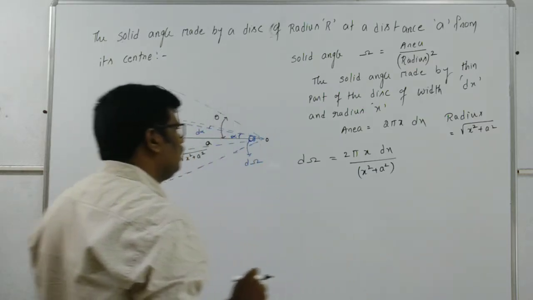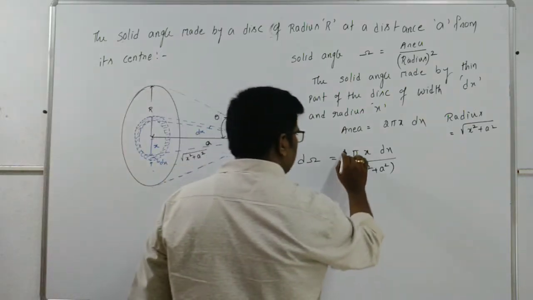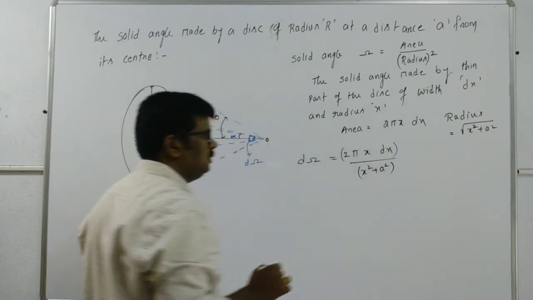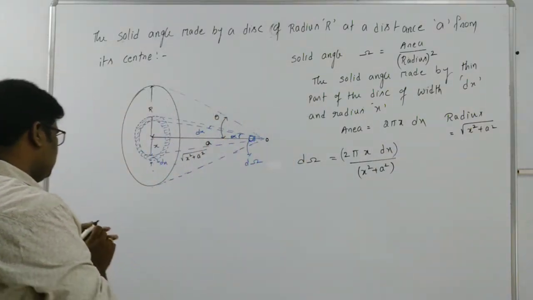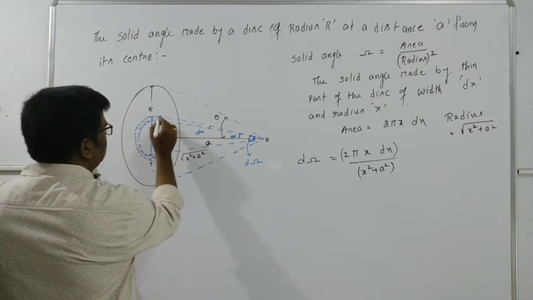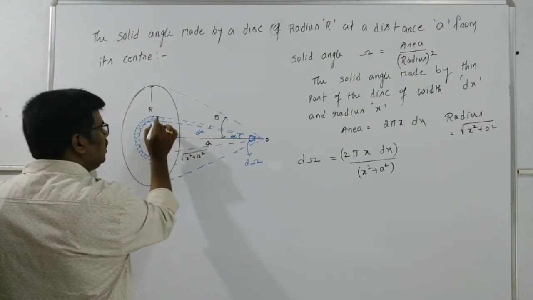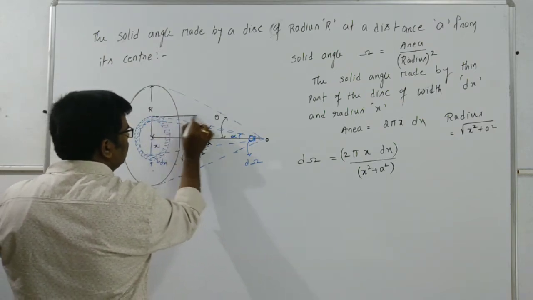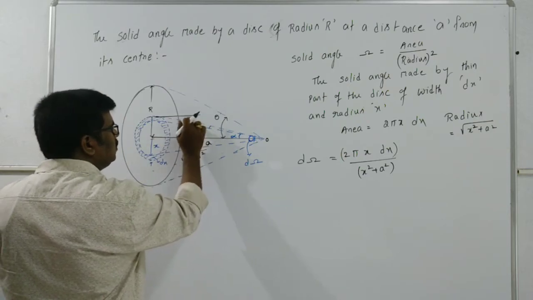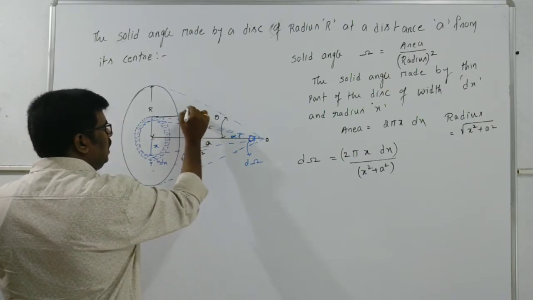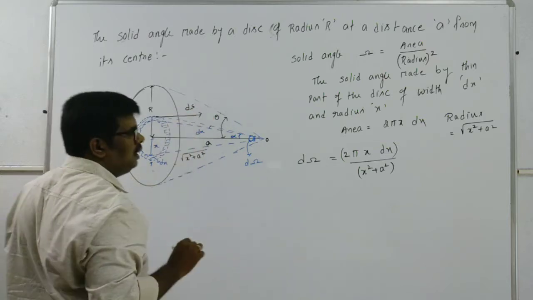Here one thing I want to tell you. This is the area. The area vector is always normal to it. This is the area vector we have, normal to it, small area ds.